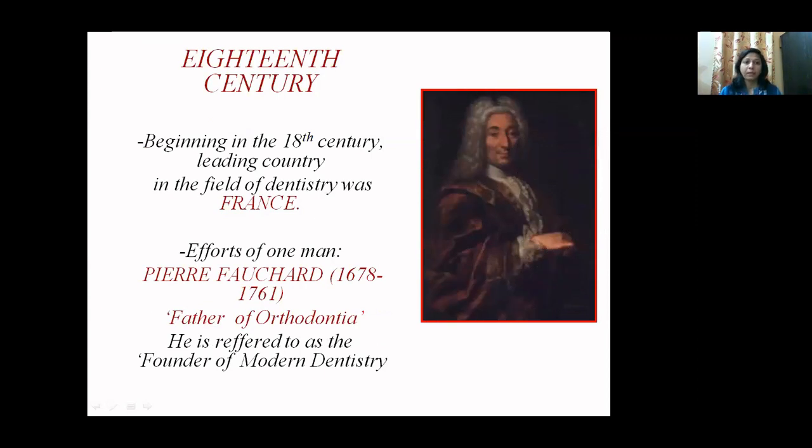Then in the 18th century, we are coming even closer. In history, Pierre Fauchard has been known as the father of orthodontia, and he is also referred to as the founder of modern dentistry.